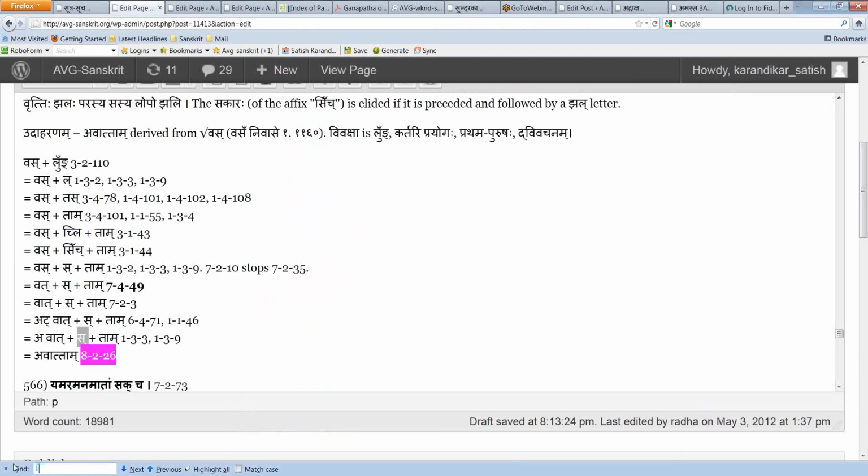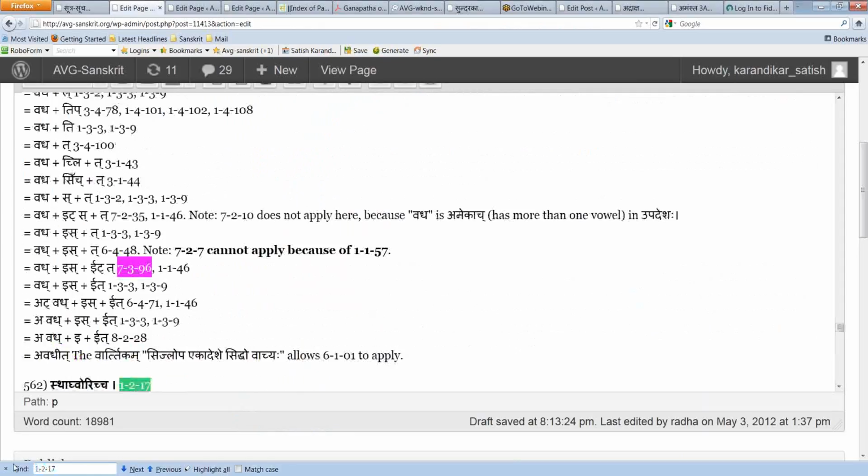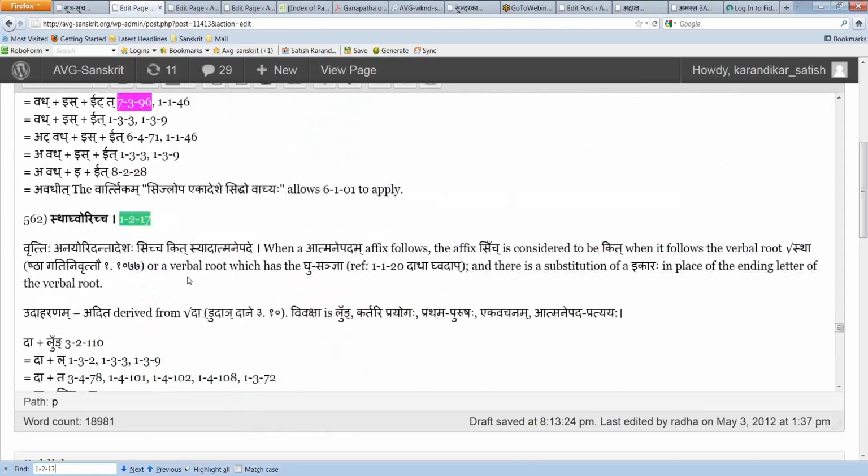Stagbhoricha, 1 to 17. Okay, let's look at this sutram. We just looked at this section today. We have used the sutram 1 to 1 to 5, sanyoga lit kit. The anuvritti of kit comes from down there. So anayor means stagbhoho.